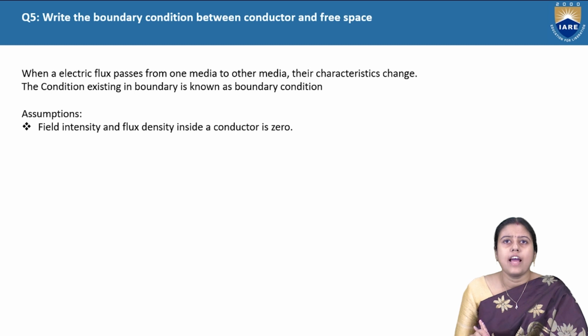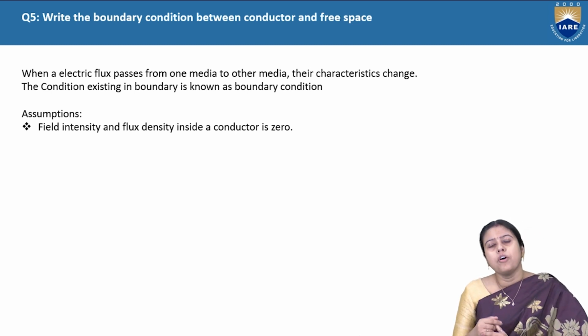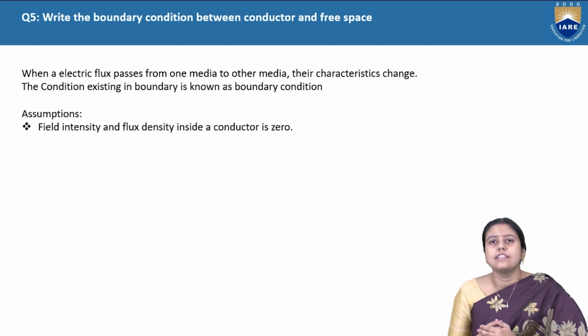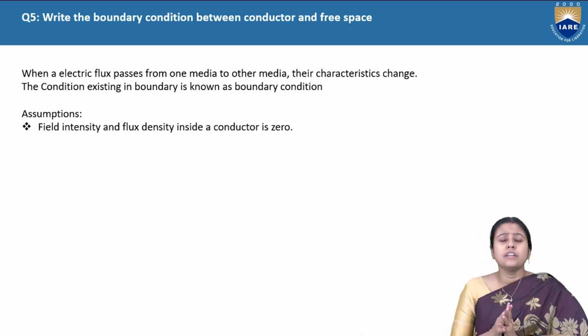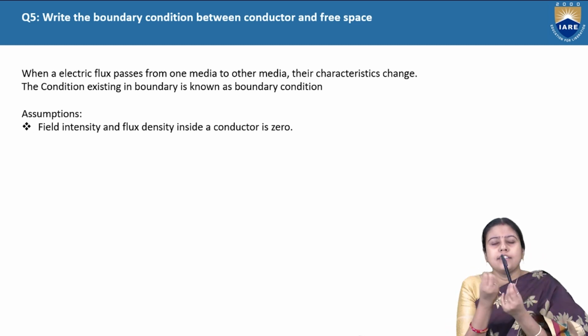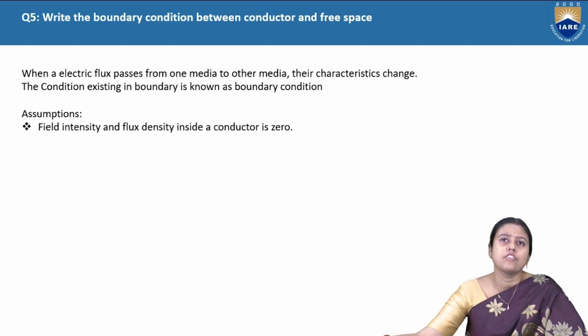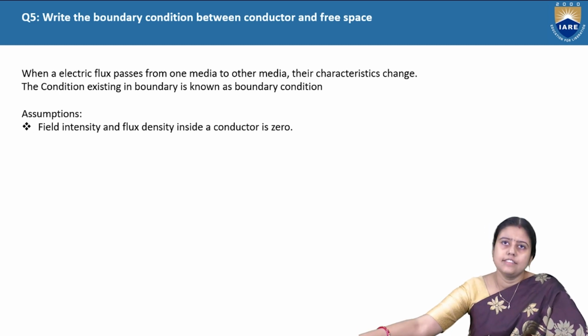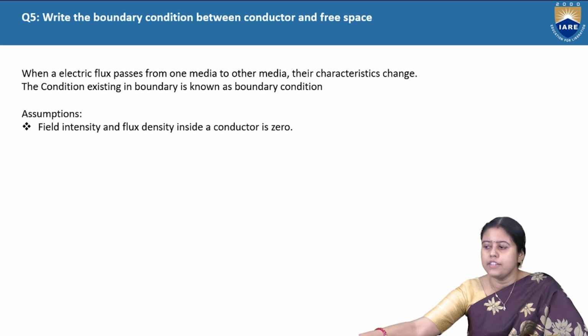Field intensity and field density inside a conductor is always 0. We know the general tendency of the charge is to stay on the outside of the conductor. Inside there is no flux in a conductor.